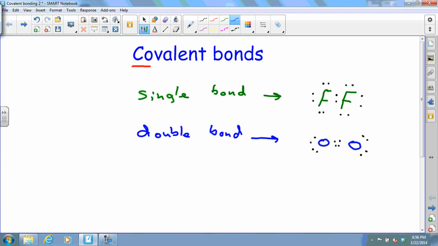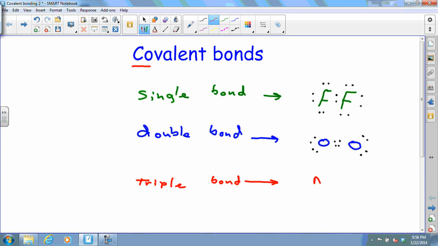Let's do one more. There's actually something called a triple bond. There are no quadruple bonds, so you don't have to worry about those. So we'll do triple bond. We'll draw an arrow over here. All right, so what's going to be an example of our triple bond? Let's scoot it down so we can see it here. Let's use nitrogen.